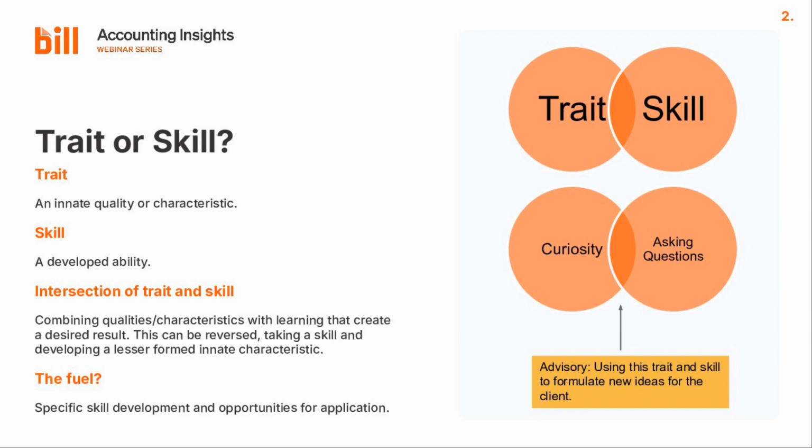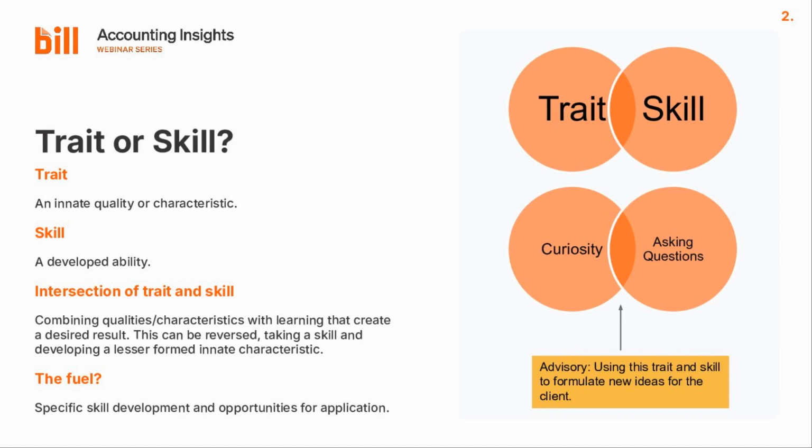Now, what I will offer is that you can also do this in reverse. If you say, I would like to get better at asking questions, that's a skill you can develop, and it can improve a trait. It can improve the trait of curiosity. So you don't necessarily have to have the trait in order to build the skill. You can do this in reverse.